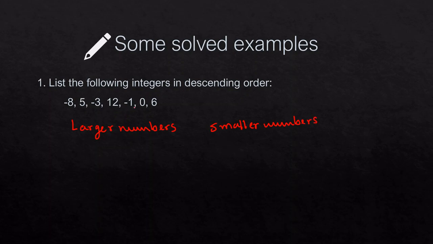So what is the largest number in the lot? You can see it is 12. Then what is the next number in line? It is 6. Then it is 5.